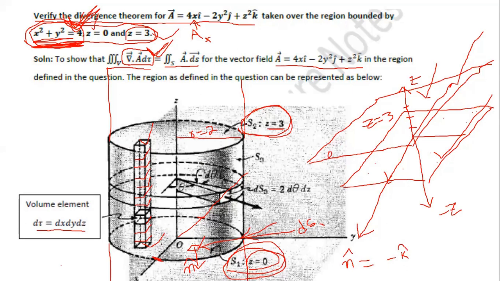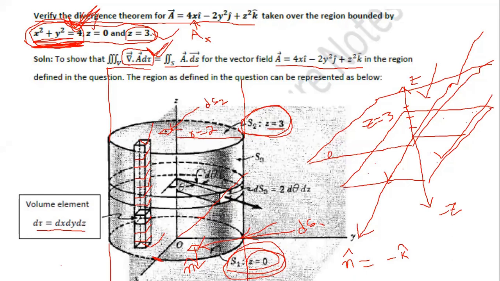But if you look at the surface S2 here, just assume that there is a surface element, something like this. This is your surface element dS2. On dS2, what will be the outward unit normal vector?